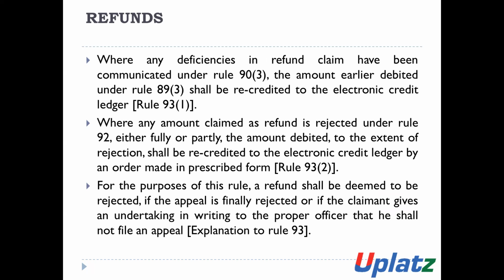Where any discrepancy is found by the proper officer in the refund claim, he will communicate it to the applicant under Rule 90 sub-rule 3.